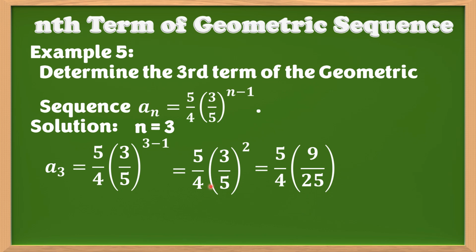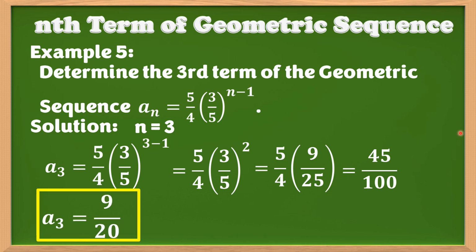And then we will just copy 5 over 4. And then next is we're going to simplify. So we're going to multiply 5 over 4 by 9 over 25. So 9 times 5 is equal to 45 and 4 times 25 is equal to 100. And then simplify 45 over 100 is equal to 9 over 20.